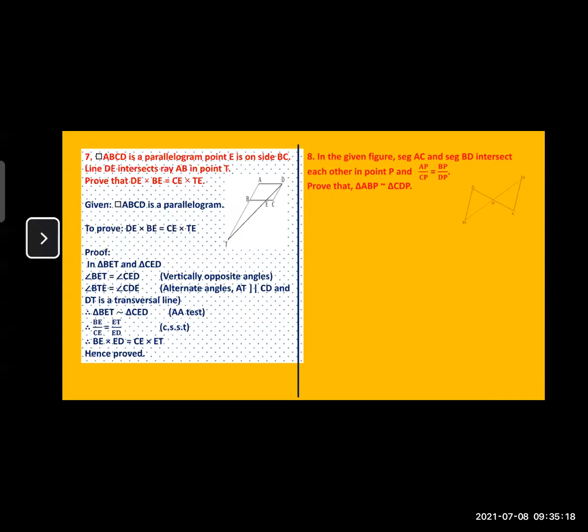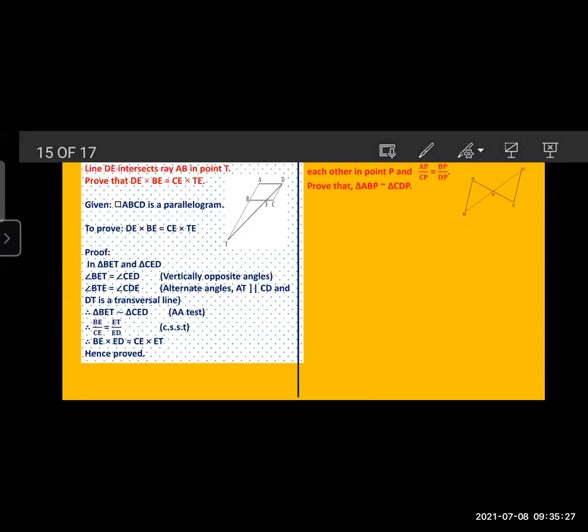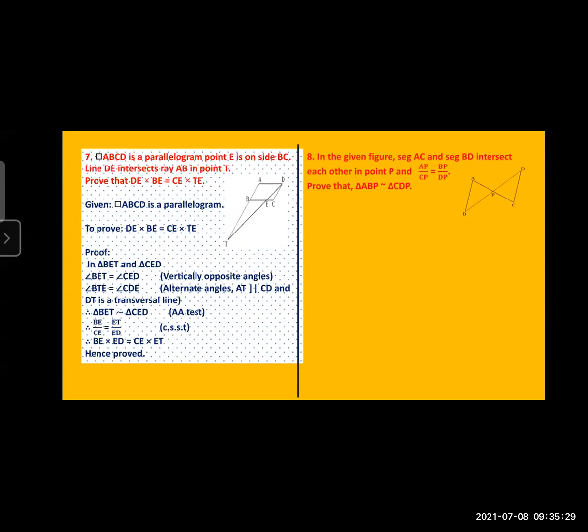Second last question. In the given figure, segments AC and BD intersect each other in point P and AP by CP is equal to BP by DP. So you have to show that these two triangles are similar.